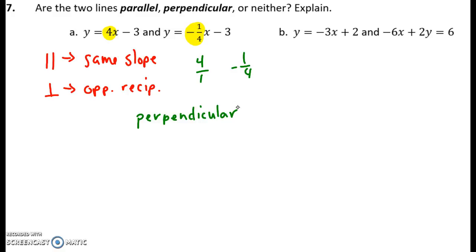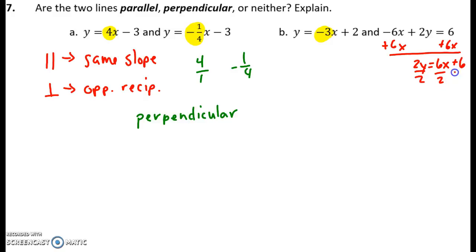In B, notice your first equation is solved for y, so that slope is negative 3. My second equation is not solved for y, so I want to add 6x to both sides. So I get 2y equals 6x plus 6.